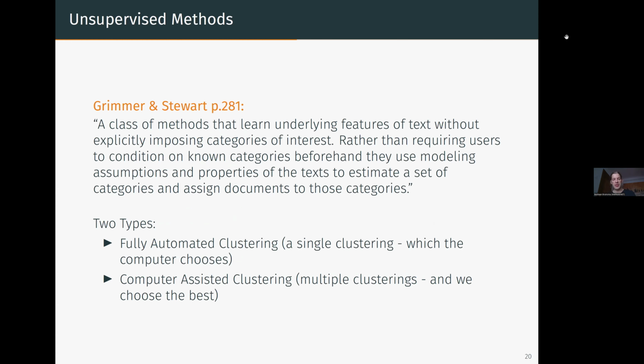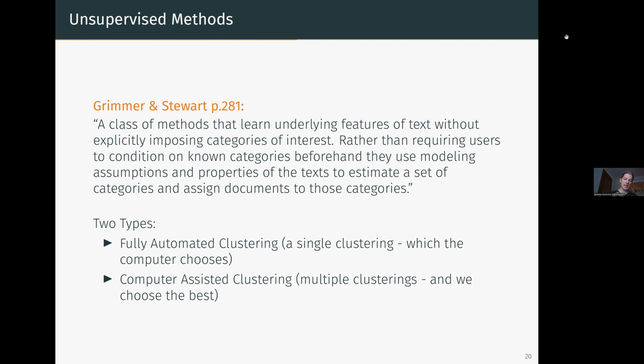Then we have unsupervised learning. This is where you do not yet have your categories ready. A very good way to define that is that it's a class of methods that learn underlying features of text without explicitly imposing categories of interest. Therefore, rather than requiring us to condition on known categories, we can use modeling assumptions and properties of the text to find new categories.